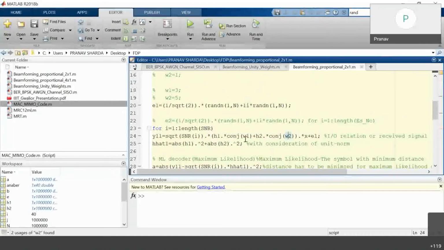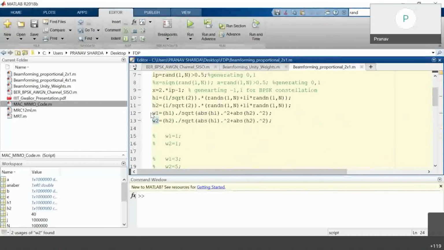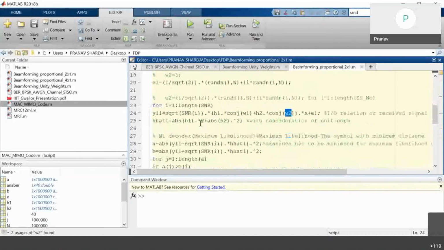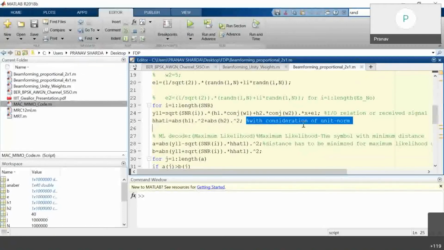And now if you substitute the value of W1 and W2, okay, from line number 12 and 13, then you will see that you will get absolute of H1 square plus absolute of H2 square with the consideration of unit norm, right? With the consideration of unit norm.